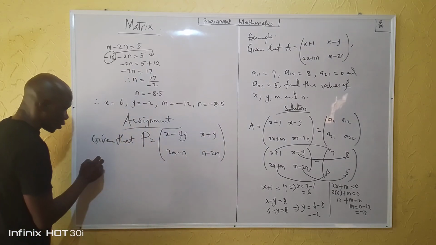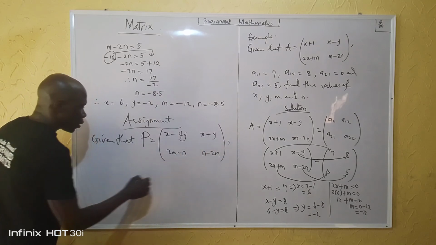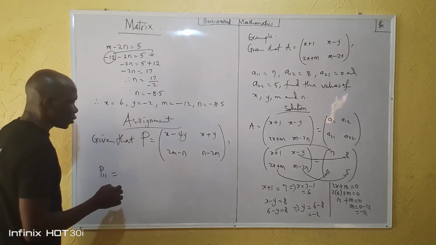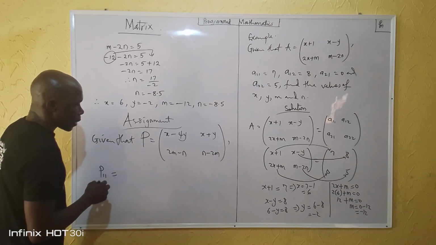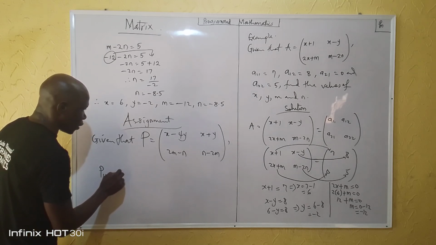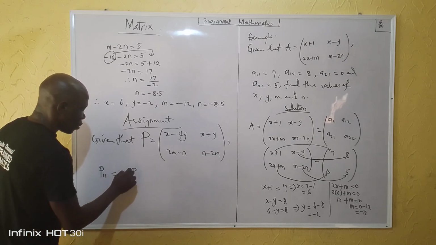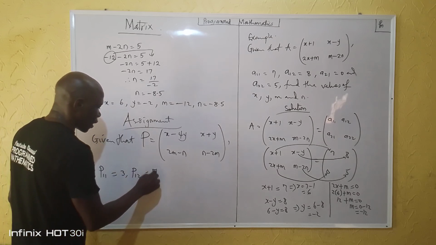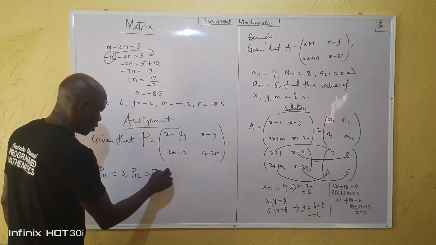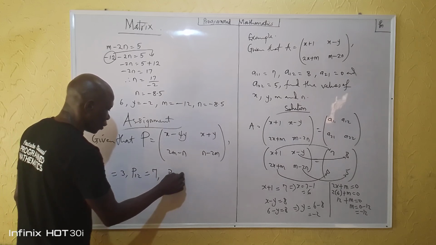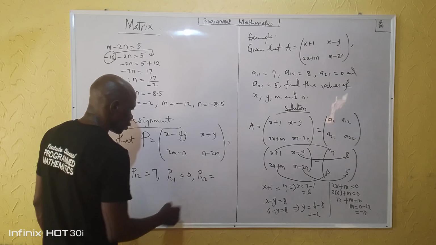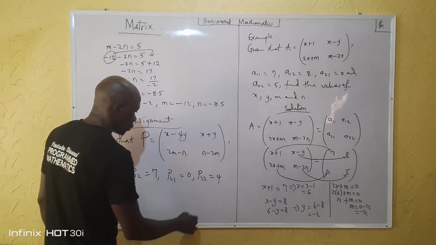Given that matrix P equals this, P11 is 3, P12 is 7, P21 is 0, and P22 is 4.